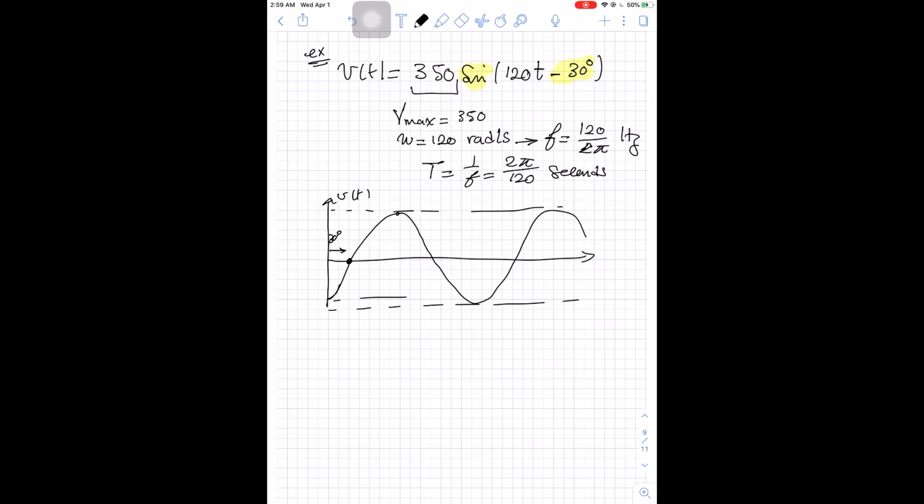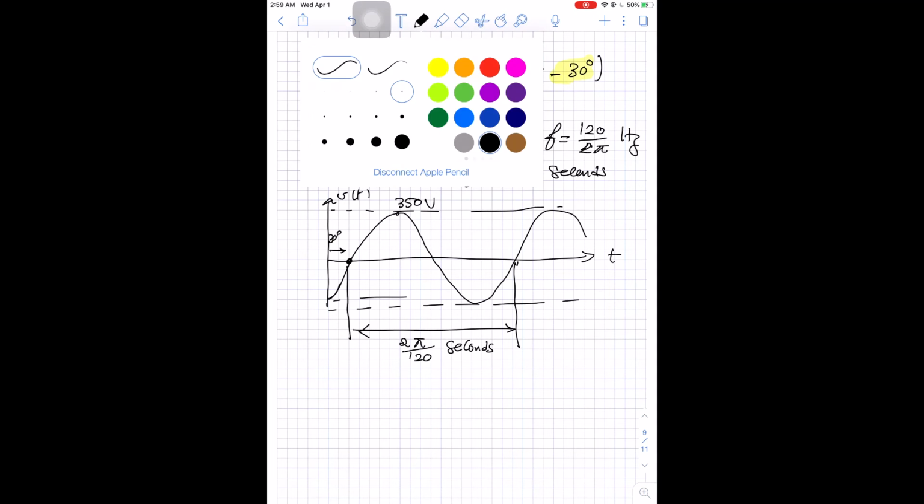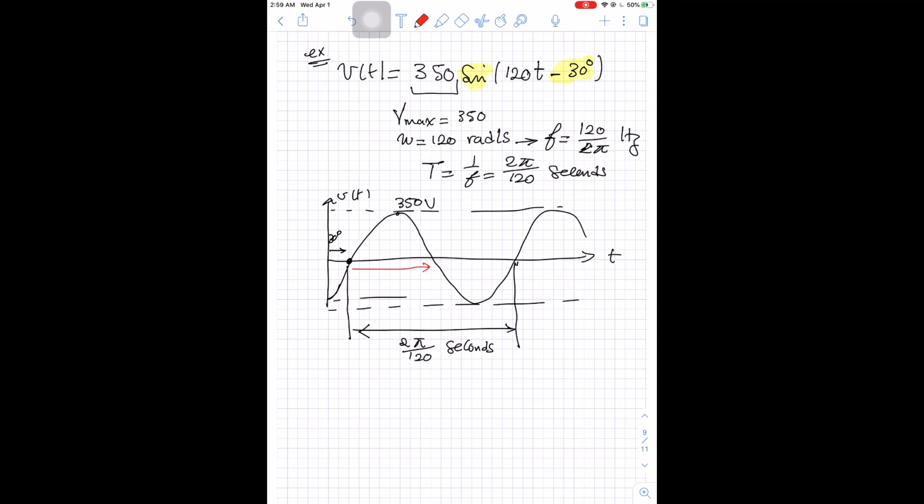This is V of t, here is time, and the maximum value is 350 volt. The time to complete one complete cycle will be 2 pi over 120 seconds. The time to complete half a cycle will be this value divided by 2, so it's pi divided by 120 seconds.